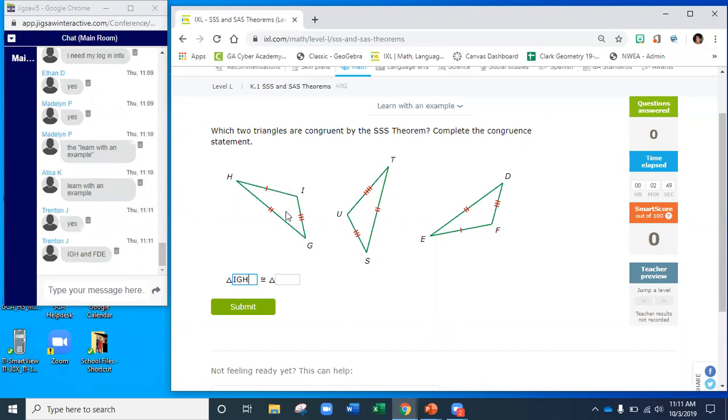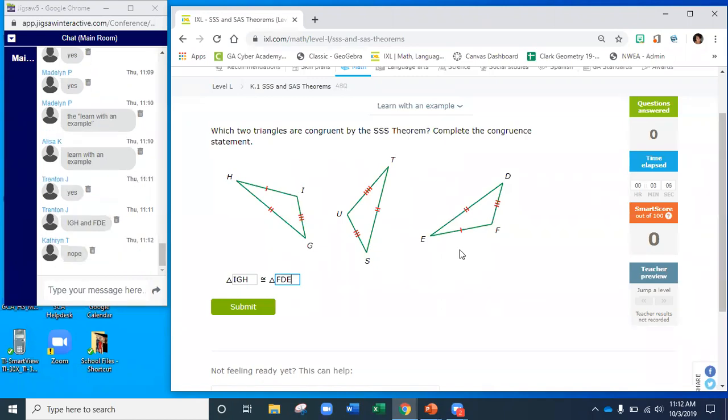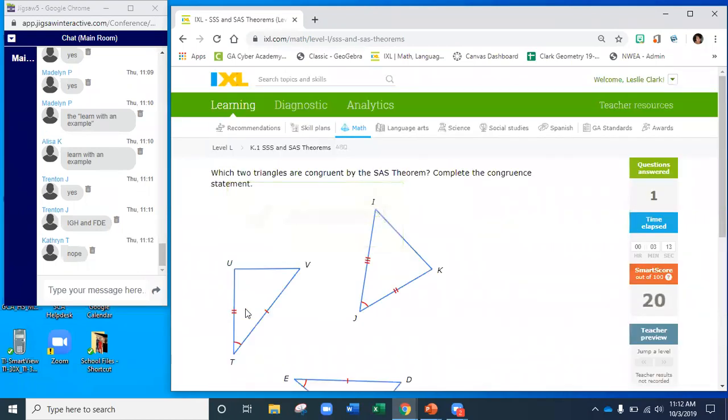That's this one right here. And FDE. This one over here. All right. Anybody disagree with this answer? All right, everybody feel good about it? All right, let's go ahead and submit and see what happens. We did good. Great job.